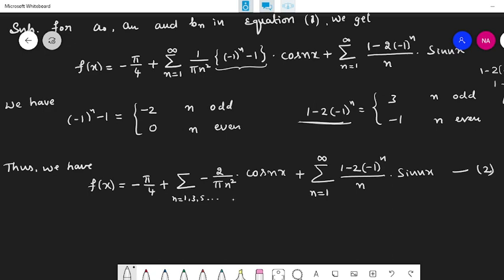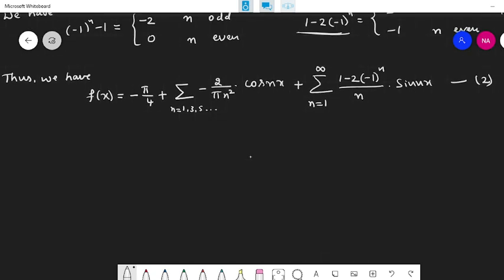Now from this we need to deduce the expression. What is that expression? That expression is, I'll write here, pi square by 8 equal to 1 by 1 square plus 1 by 3 square plus 1 by 5 square and so on. Can you guess which value of x is suitable to get this expression pi square by 8 from equation 2?